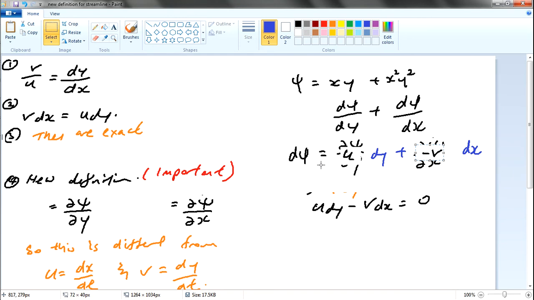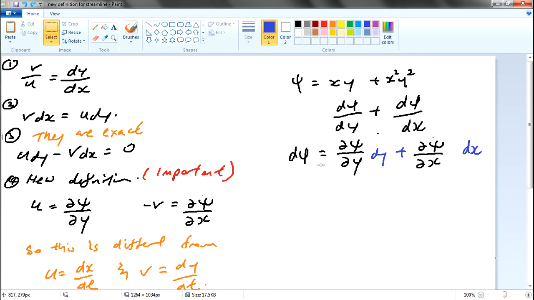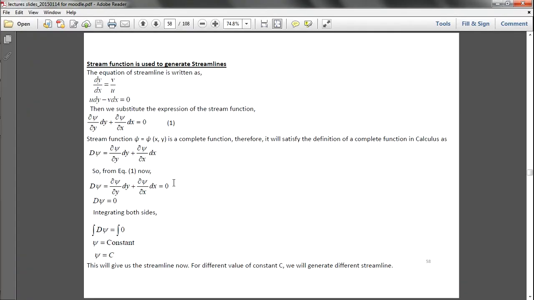So in other words, we can say that dΨ is equal to 0. Since u dy minus v dx is equal to 0, and u is equal to this, this portion is another representation of this portion. That's all, finished. So in other words, dΨ is equal to 0. Hope I made this very clear.